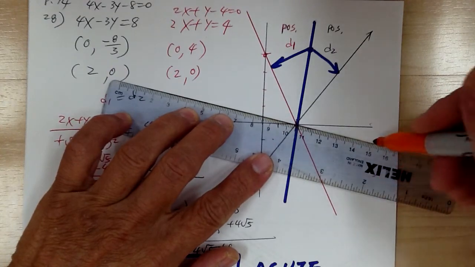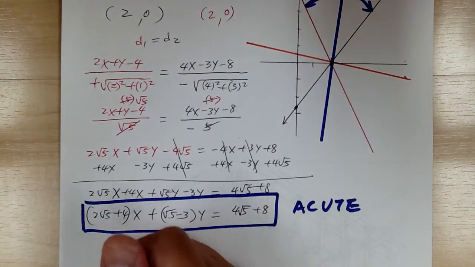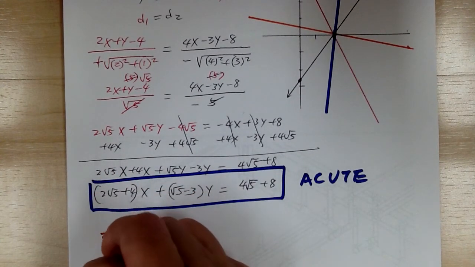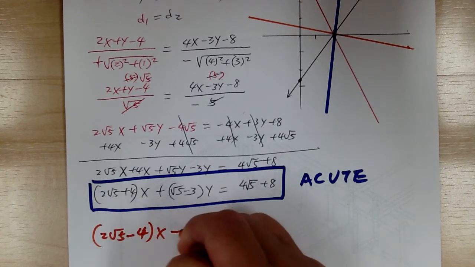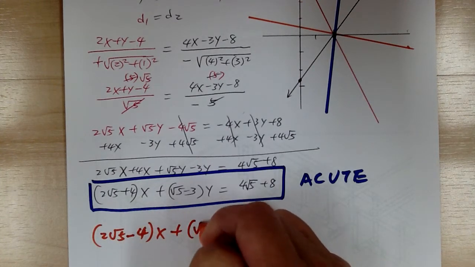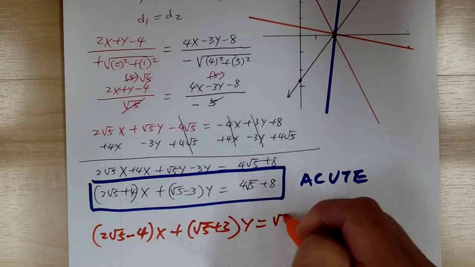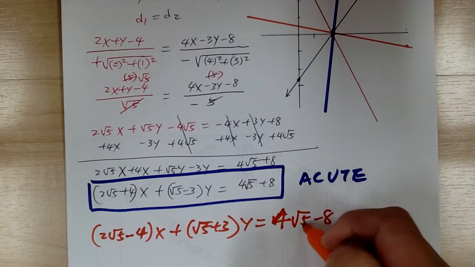obtuse, then all you have to do is check the conjugate. So for obtuse would be 2 square root of 5 minus 4x plus square root of 5 plus 3y equal to 4 square root of 5 minus 8.